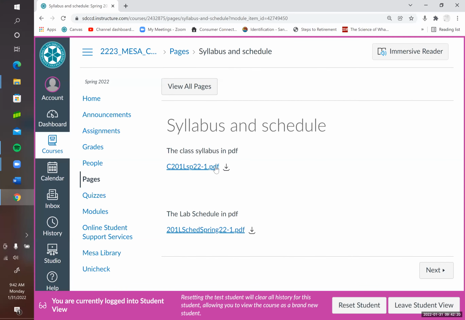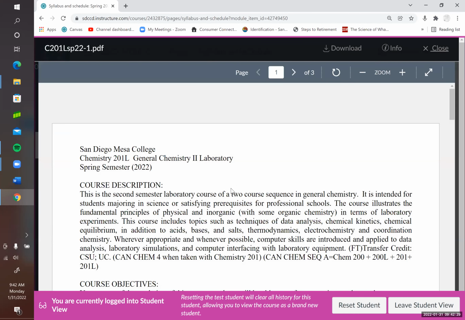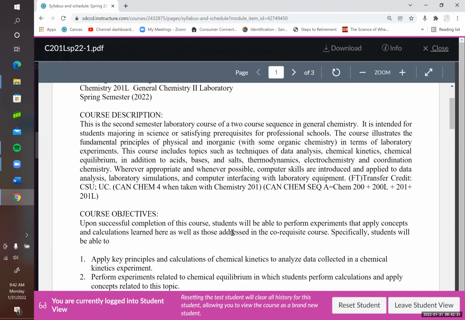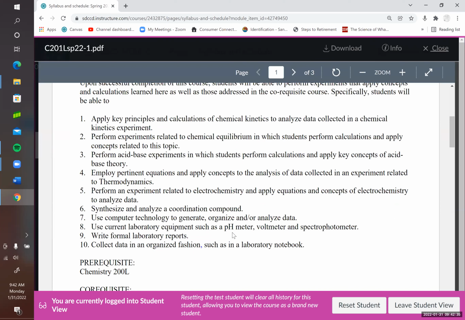And we have the PDF forms of the syllabus. So let's just take a quick peek at this. So we have the course description and objectives, which you can read.